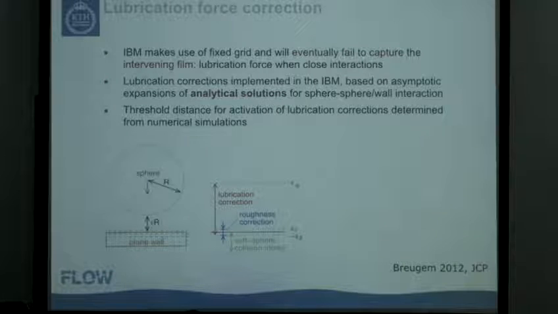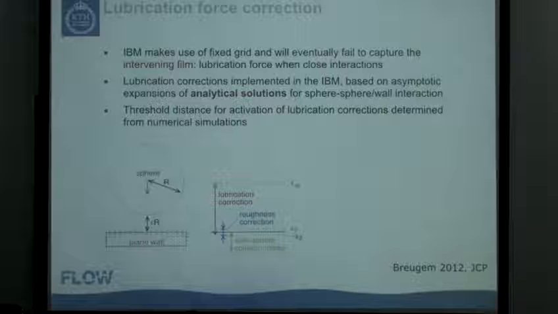The problem is, as I said, that if you have this fixed Eulerian mesh, at some point, especially if you want to do inertial flows, because we actually don't really need this when we have low Reynolds number flows, the rheology limit of Stokes flow. But then, since we have inertia, there will be collisions, particle-wall for example. Then at some point, your mesh will not be adequate to resolve the viscous flow in between the two.